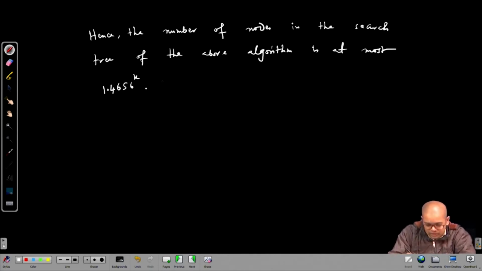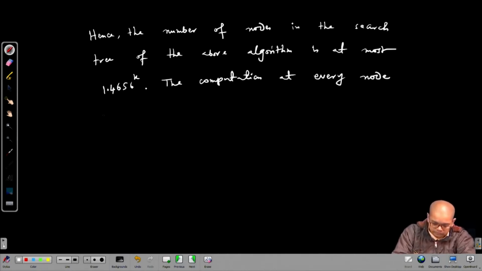Now the computation at every node of the search tree. Now, what is the computation?